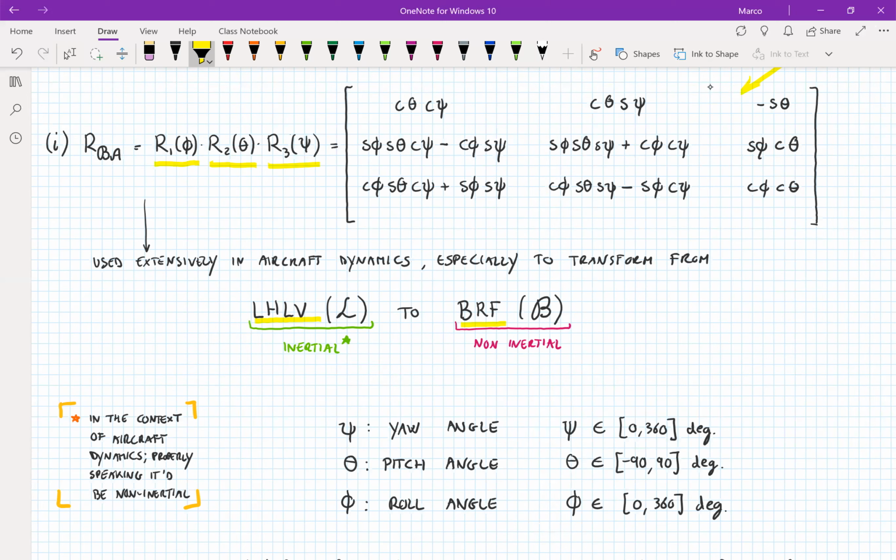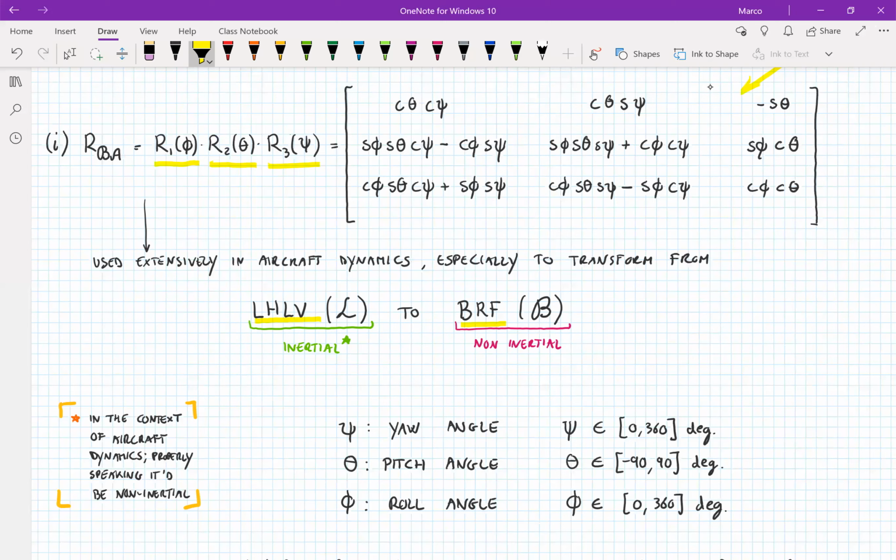And I remind you that the LHLV reference frame for aircraft dynamics applications is considered inertial. Let me also remind you that there aren't any true inertial reference frames, it really depends on the application that you're interested in.